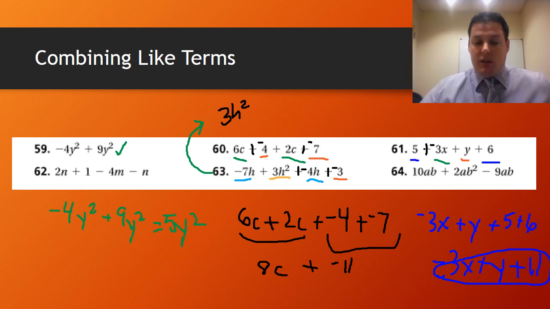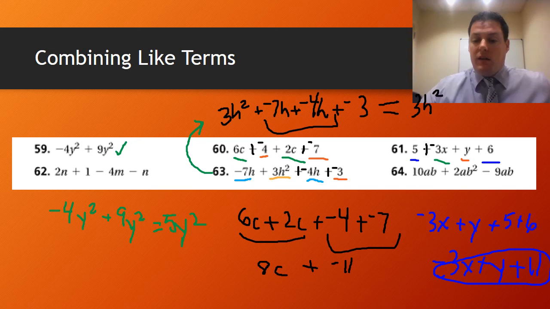So I have 3h squared plus negative 7h plus negative 4h plus negative 3. I'm going to combine the single h's. Remember, h squared cannot be combined. That's going to equal 3h squared plus negative 11h plus negative 3.